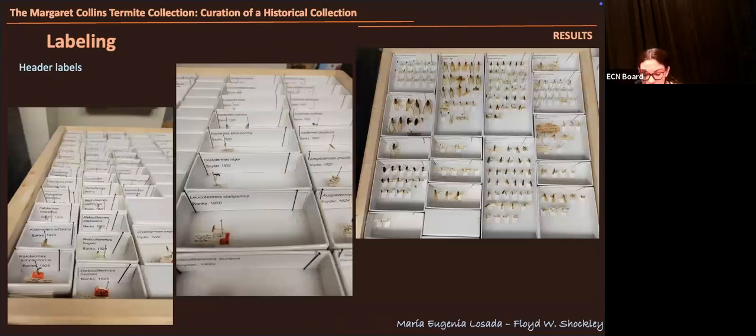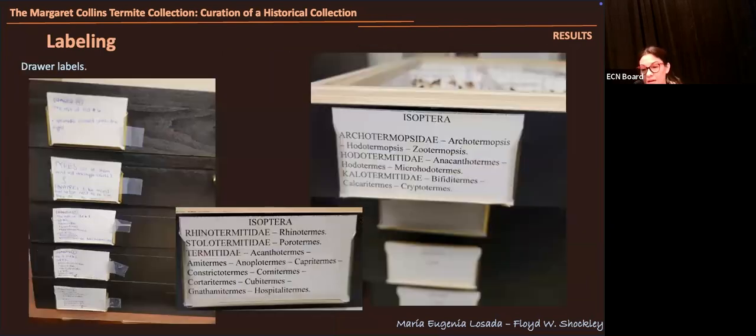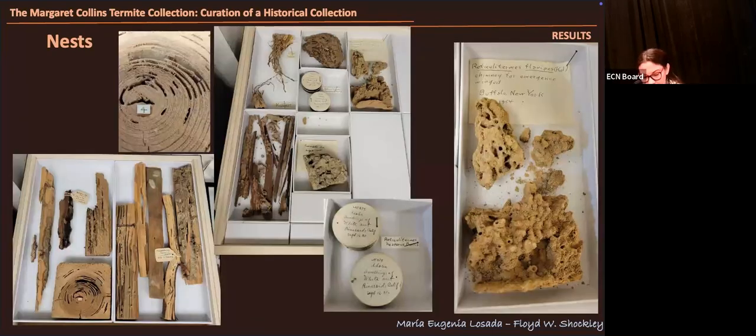So here you can see how they look with the labels, the header labels. And drawer labels were also created. Of course, while I was organizing, I was creating notes, and then finally the result. In the case of the nests, I also briefly organized them, placed them in a better way, and that was all. So you can see how they look now.